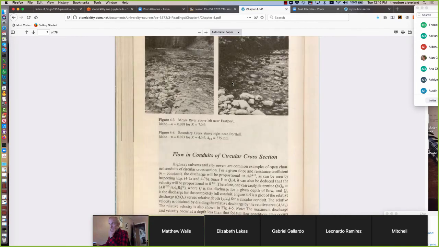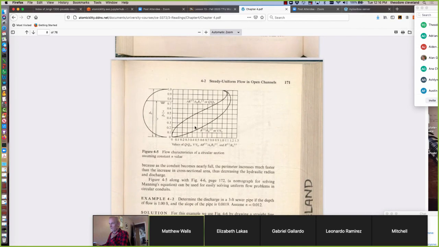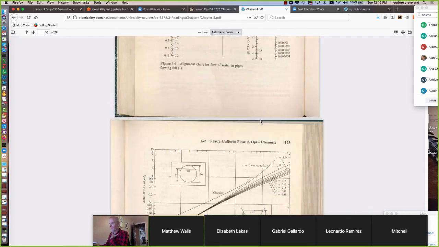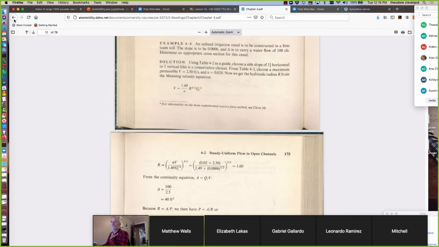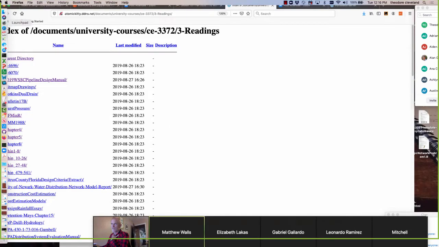I would suggest that this is a good reading, and we've seen this picture before because we just made it ourselves. Then it goes into trapezoidal channels and so forth. So I would recommend at least skimming through that chapter 4.